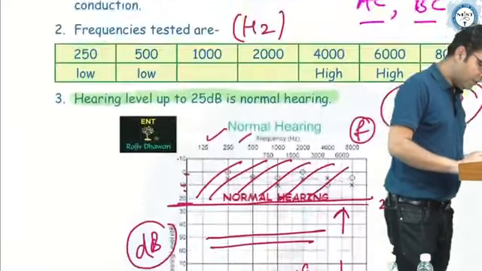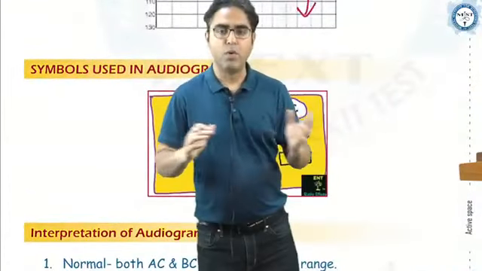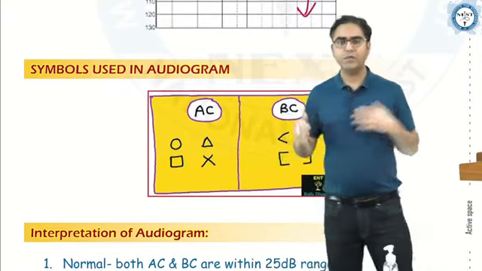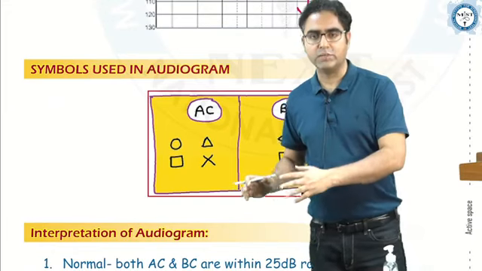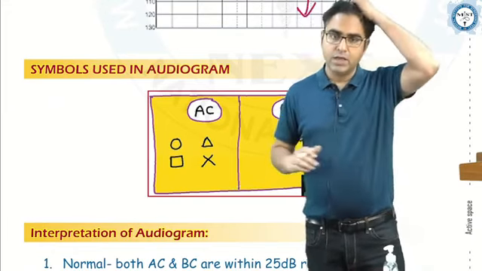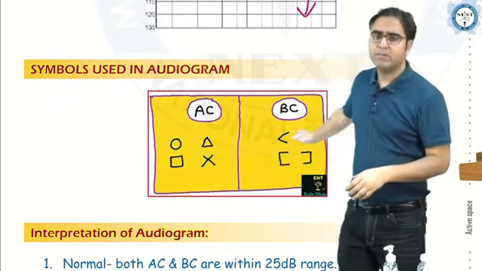Now, please see. Symbols used in audiogram, beta. The air conduction symbol, bone conduction symbol. So, whenever we have an audiogram, we have two types of symbols, for air conduction and bone conduction, beta. Circle, triangle, square, cross are air conduction. Very simple, beta.